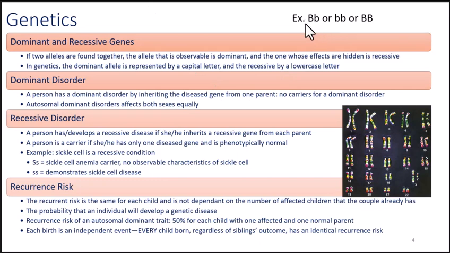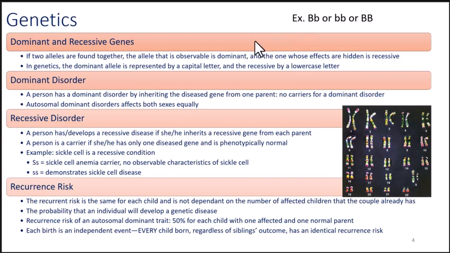The genotype would be capital B, small b, because those are the alleles that make up the genotype. And it's heterozygous because they're different. But the phenotype, what actually displays in that person, the physical expression, is going to be brown, because brown is considered to be dominant. And it dominates over the smaller, recessive blue allele.